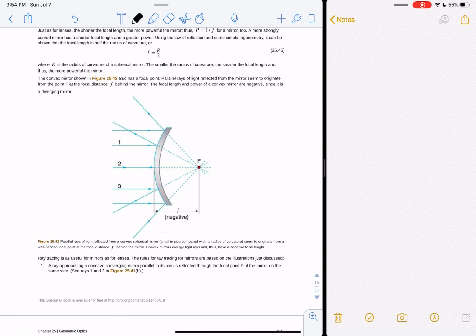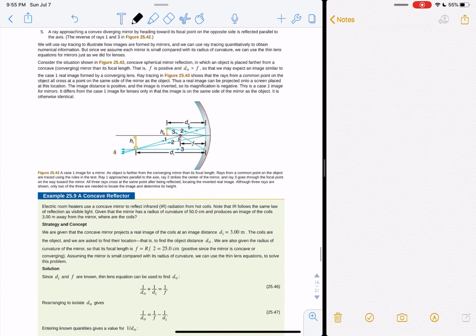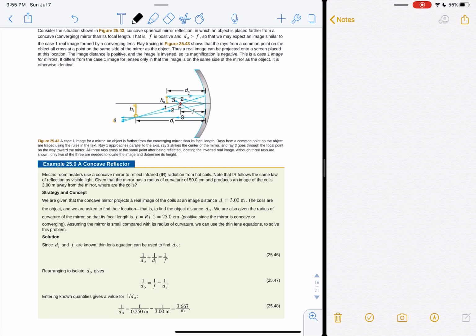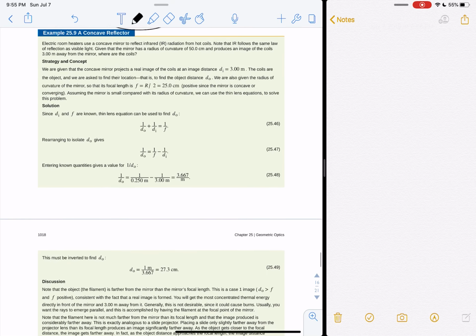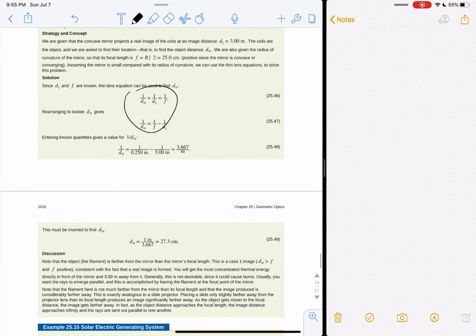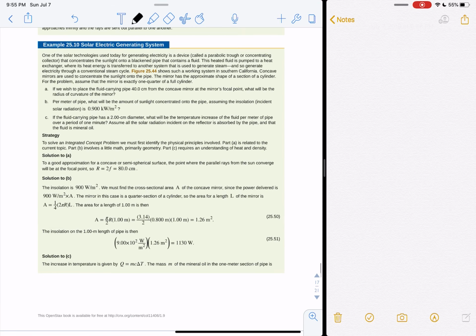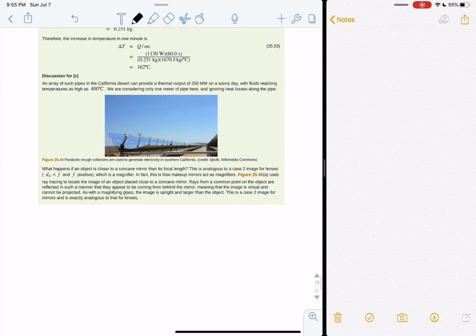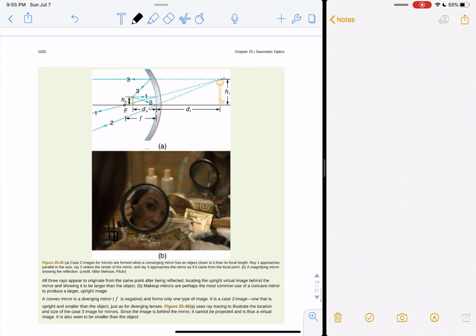If your mirror is flipped around so your shiny part is on the other side, like one of those mirrors at a gas station to see around the corners, then the rays will appear to be coming from the focal length on the other side. Okay, same thing, concave reflector. You've got same equations, and so on. So we have the solar panel there, solar cell.